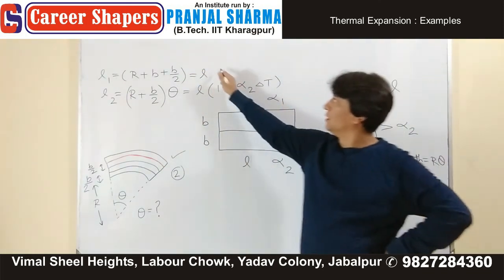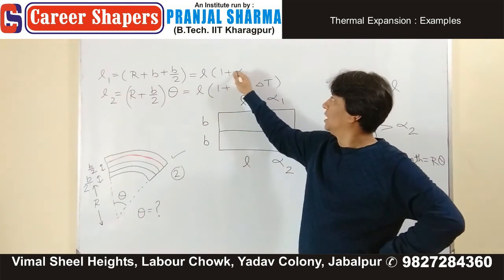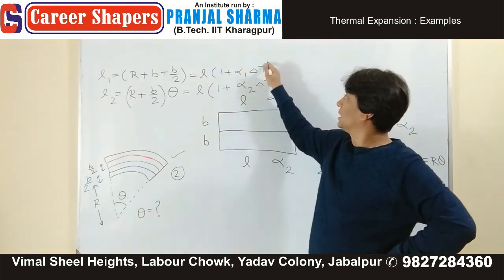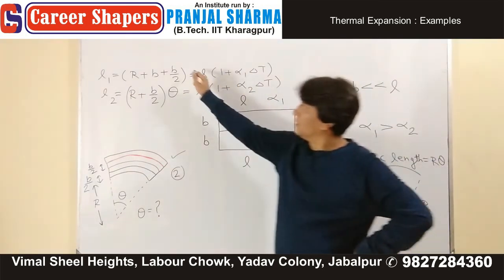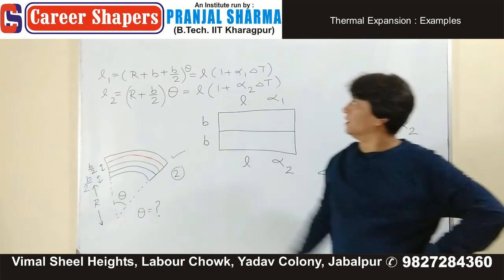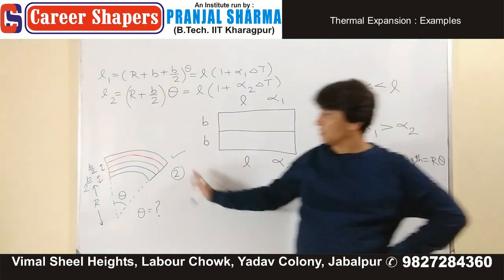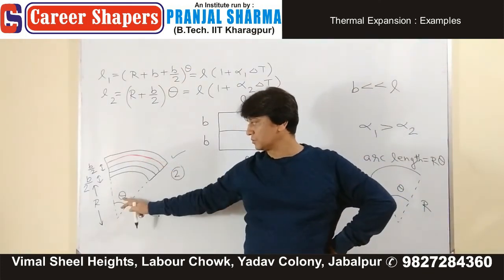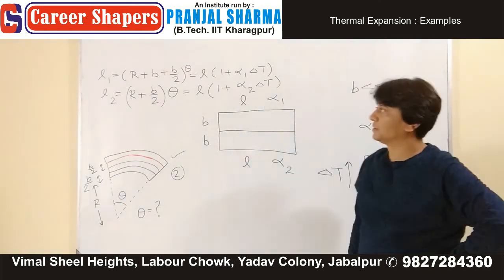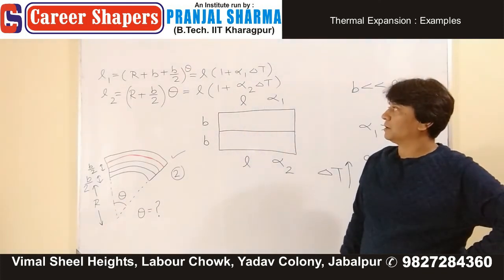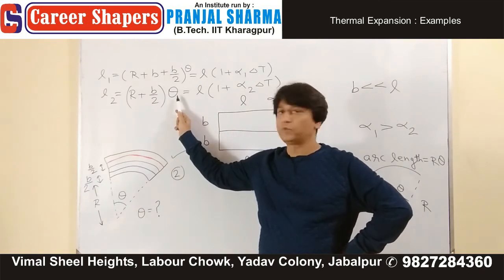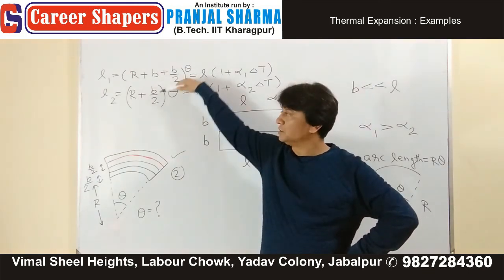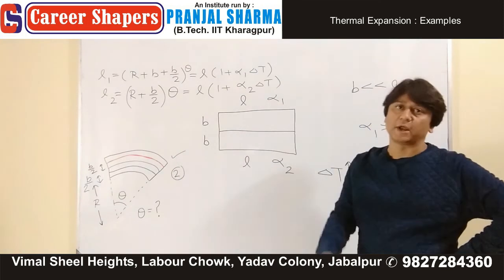L, 1 plus alpha 1 delta t, multiplied by theta also. For both circular arcs, your theta is what? Same. Done. There are two unknowns, r and theta. There are two equations. Solve these equations and you get your answer.